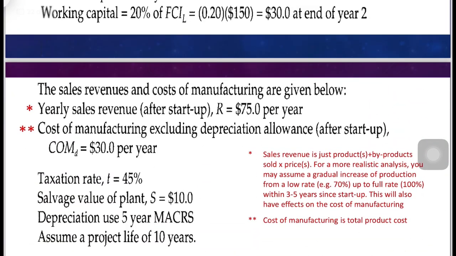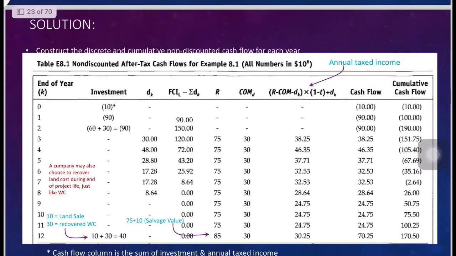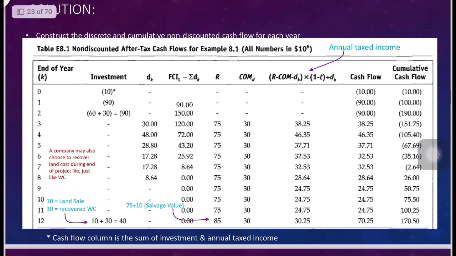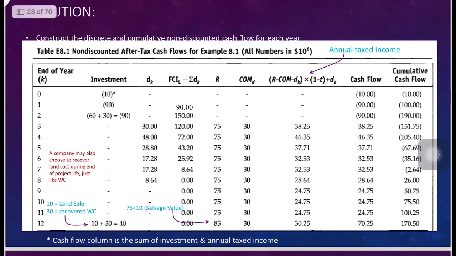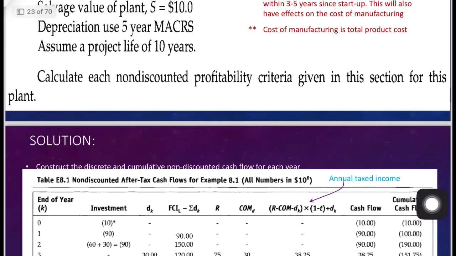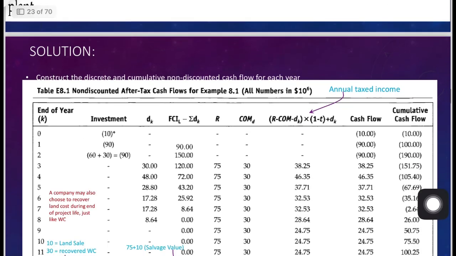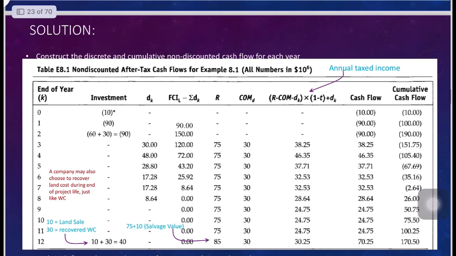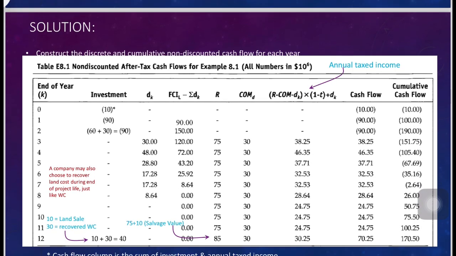And your yearly sales is 75. Your depreciation, so you have the 5-year depreciation. So as you can see here, that is the 30, 48, 28. So that is the depreciation.